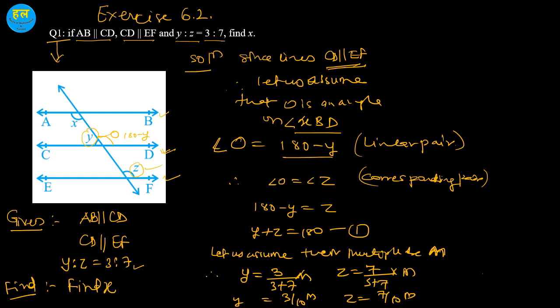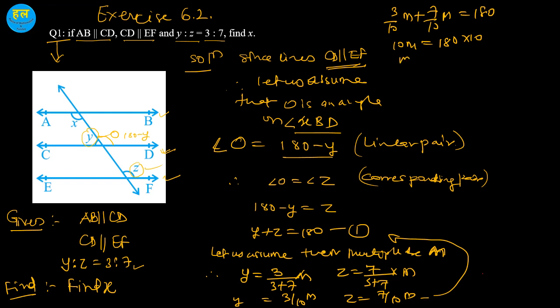And when we put the value of Y and Z in equation number 1, what we will get? 3 upon 10 M plus 7 upon 10 M is equal to 180, or 10 M is equal to 180 into 10, or M is equal to 180.